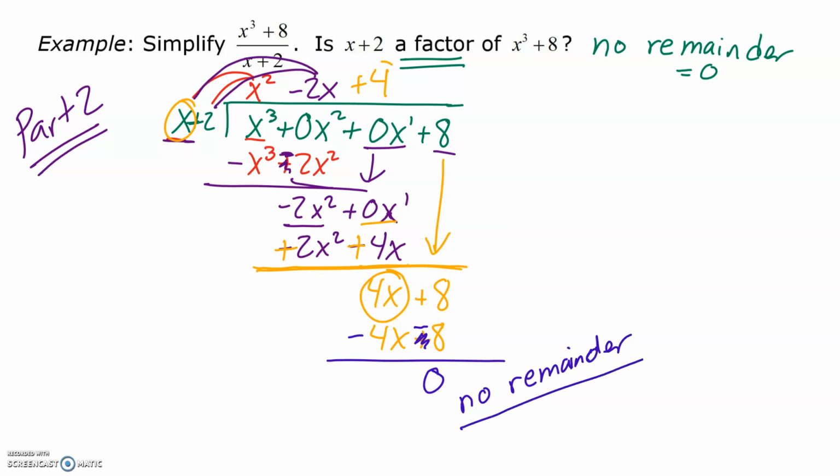Okay, so because the remainder is 0, x plus 2 is a factor of our original x cubed plus 8.